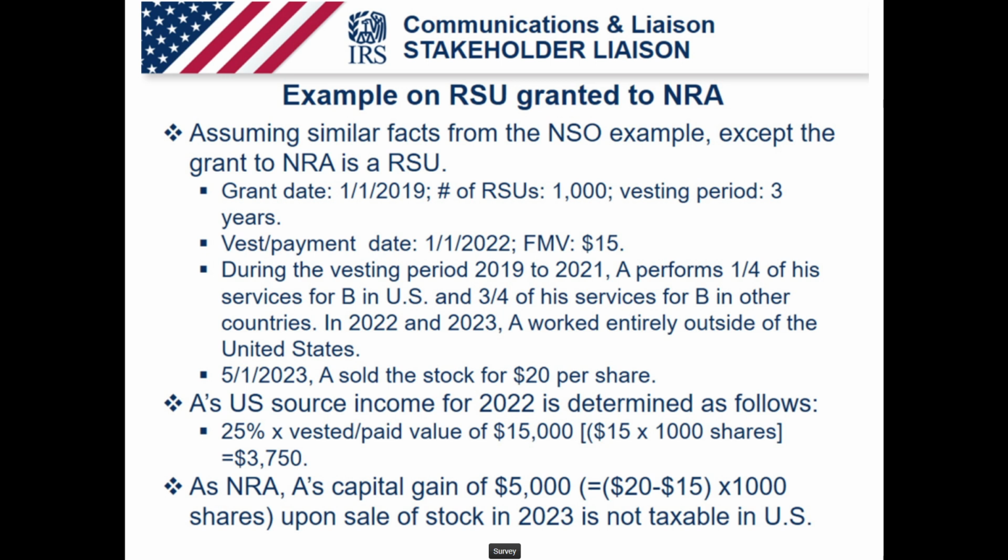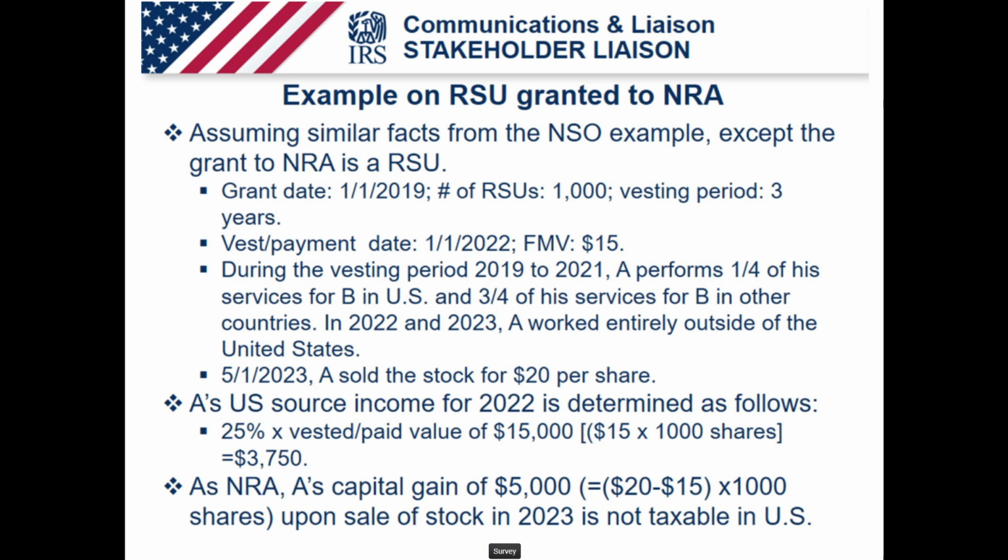In this example, just like the other example, only 25% of the services were performed in the U.S. during the vesting period, which was from the grant date of January 1st, 2019 through the vesting date of January 1st, 2022. Therefore, only 25% of the $15,000 total compensation, or $3,750, is taxable to non-resident alien A as effectively connected compensation income for 2022.